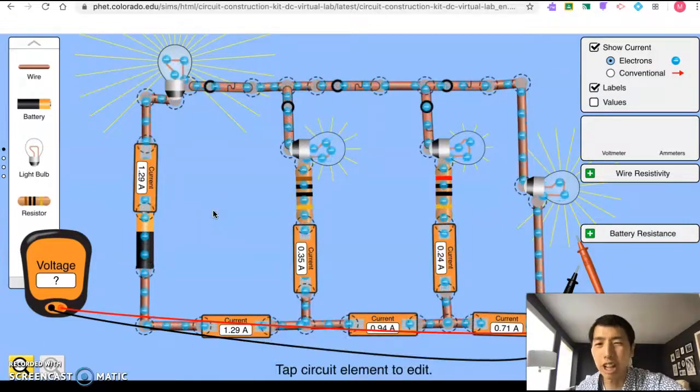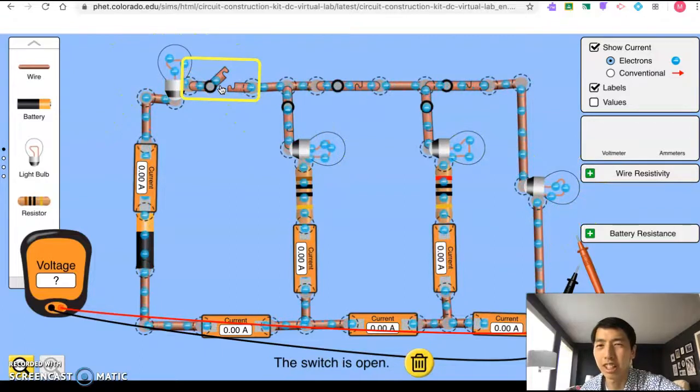All right, the last thing I'll talk about are the switches. So I put a whole bunch of switches here. Depending on where you put the switch, you're going to cut off some electricity. I'm going to start off with this switch right here. I open the switch right here. I actually shut off the entire circuit, because as the electrons try to go through any one of these three pathways, no matter what, when it tries to get back to the battery, it cannot get past this open switch.